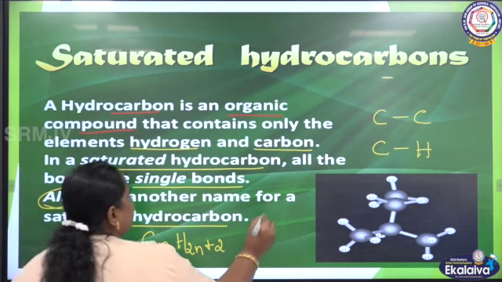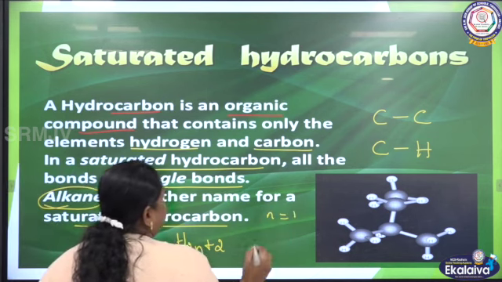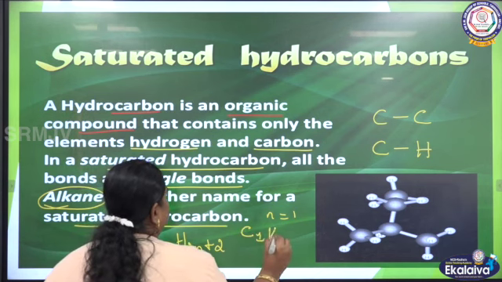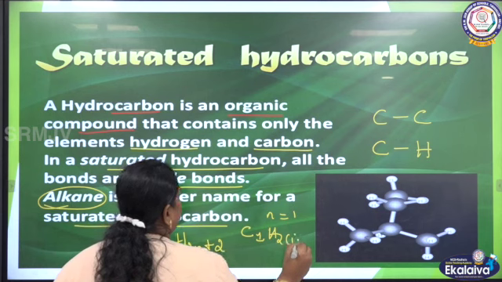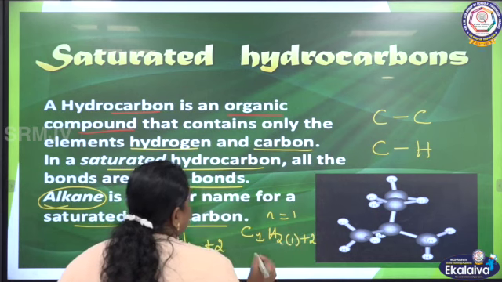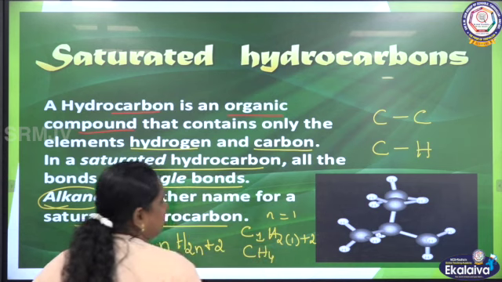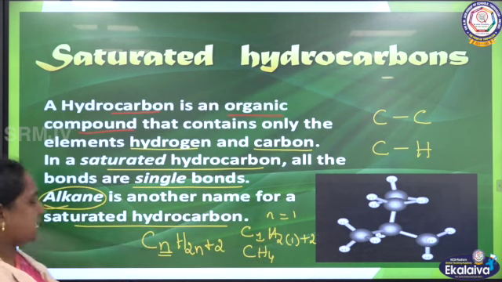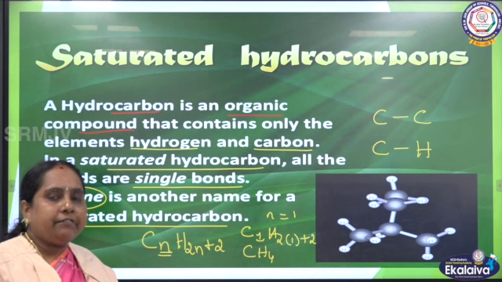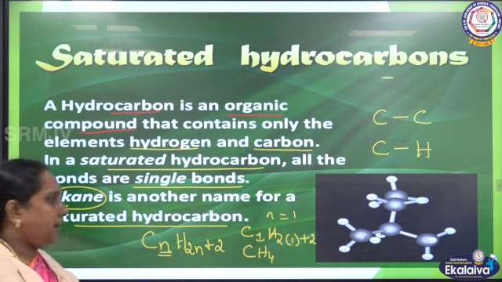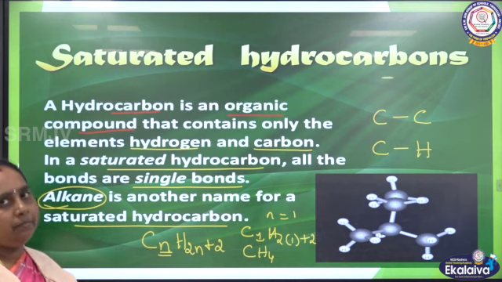If n is taken as 1, then calculate the member: C1H(2 into 1 plus 2), so CH4. So we got the first member. Using that general formula, we can develop the next series of the family. The next homologue can be identified using this general formula.